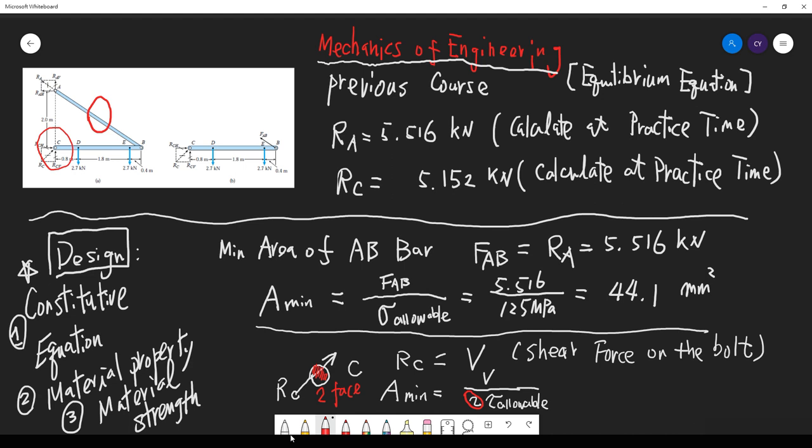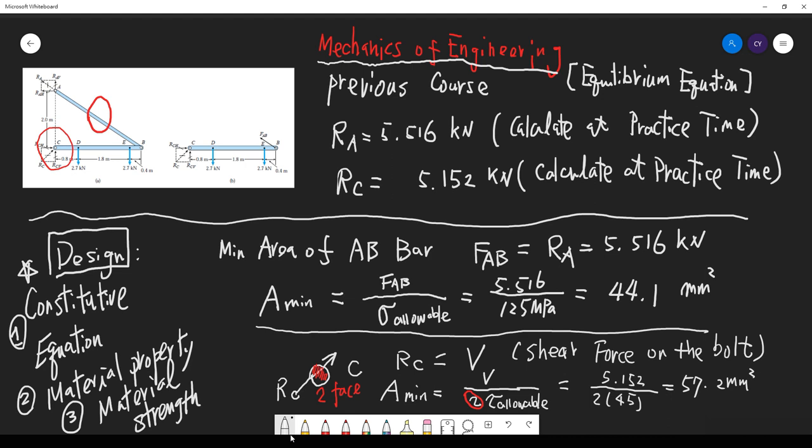This side and another side. So you need to divide it by 2 more. So the answer you get, you can write down, is 5.152 divided by 2 multiplied by the allowable stress we already gave you, 45. So the answer should be 57.2 millimeters squared.